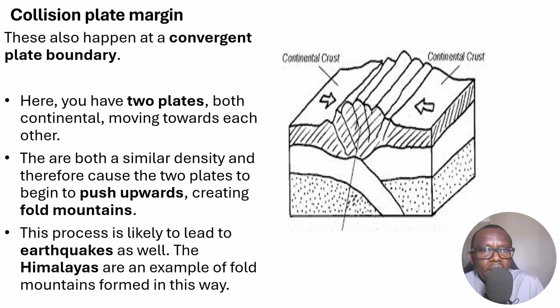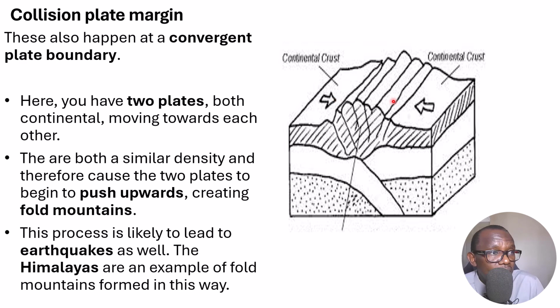The second type of plate margin is a collision plate margin, and this also happens at a convergent plate boundary, where two plates are moving towards each other. But in this case, it's not a continental and oceanic plate. Instead, there are two continental plates moving towards each other.